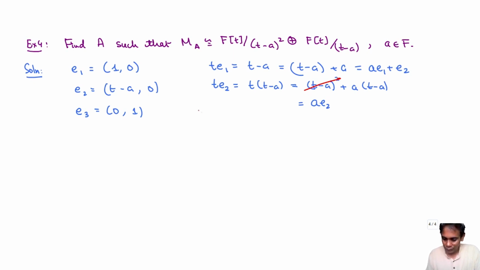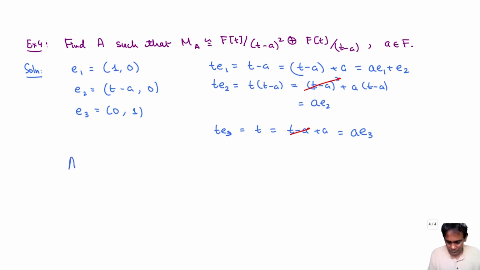And now when we work with t e3, we'll be working in the second component. t e3 is just t, which is t minus a plus a, but t minus a is 0 in the second component, and so we just get a e3.